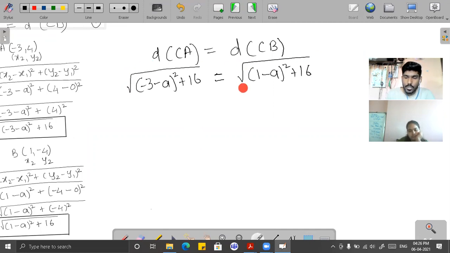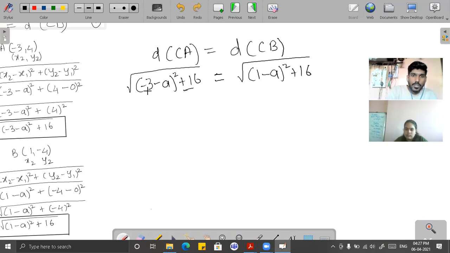What can be done to remove it? Can the square and the square root cancel? No, there is a plus sign in the middle, so we cannot cancel directly. If the plus sign wasn't there, then we could have cancelled directly. But there is a plus sign, and that is the reason we cannot cancel it directly.